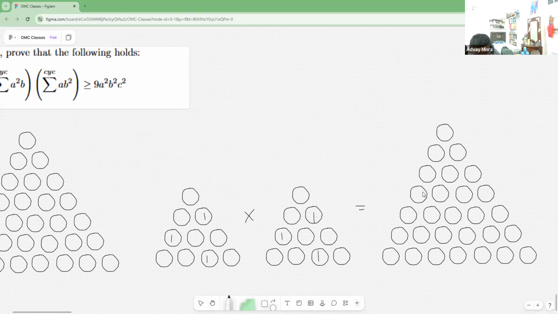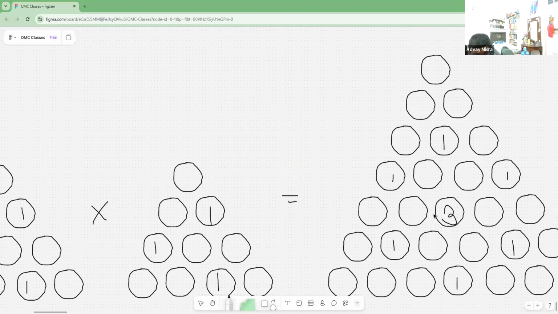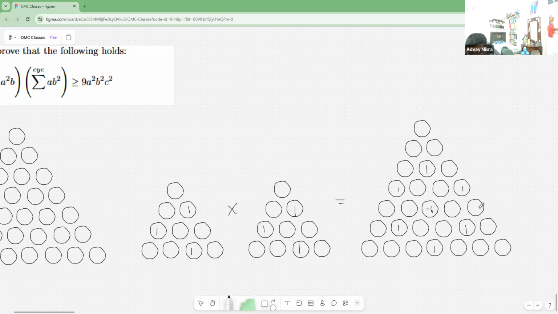So you get this hexagon, and then you can subtract the 9ABC to get that we want to prove this is greater than or equal to 0, and this is just AM-GM.